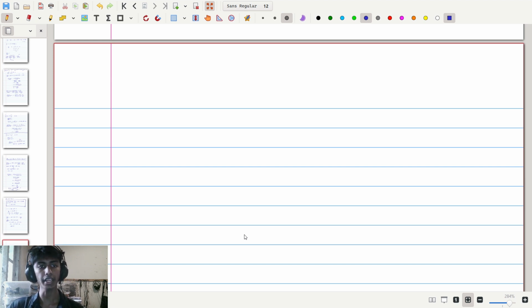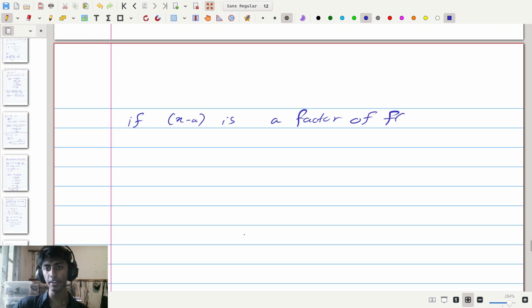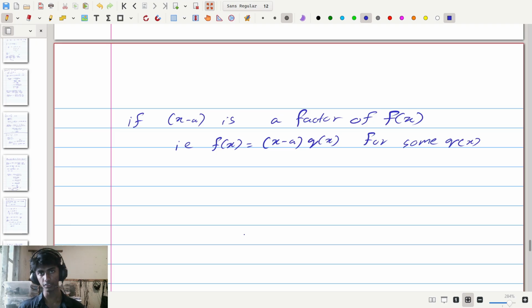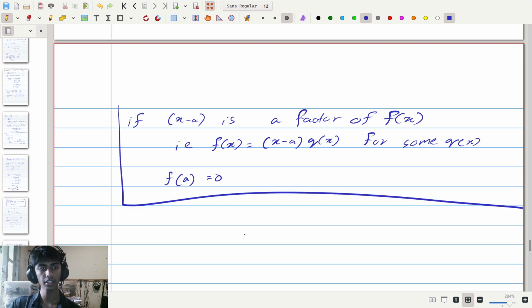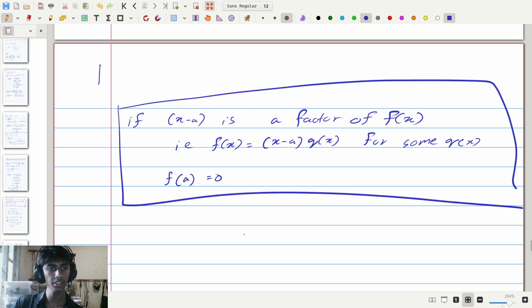The factor theorem states, if x minus a is a factor of f(x), i.e. f(x) is x minus a times q(x) for some polynomial function q(x), then we can directly say that f(a) is equal to 0. This right here is the factor theorem.